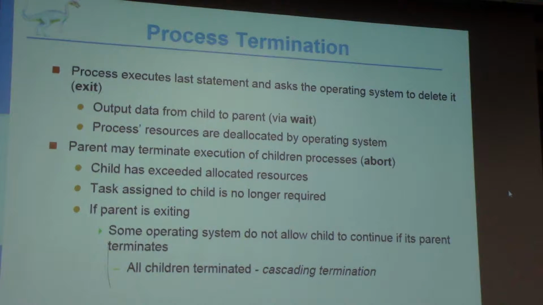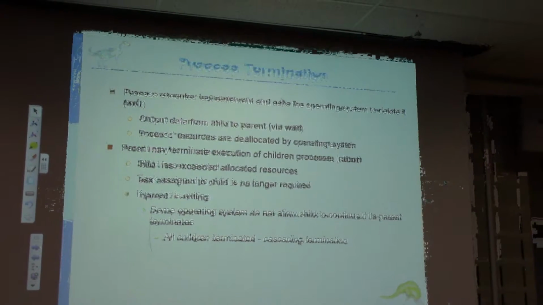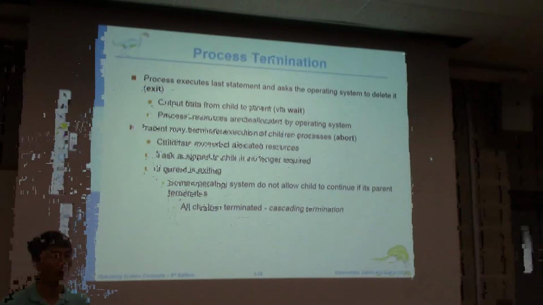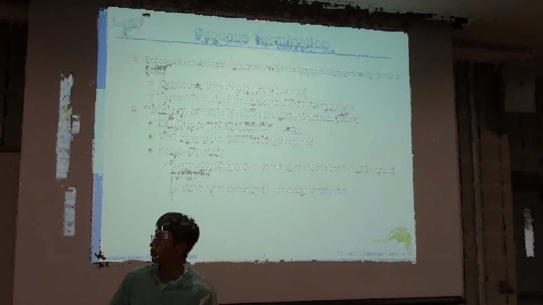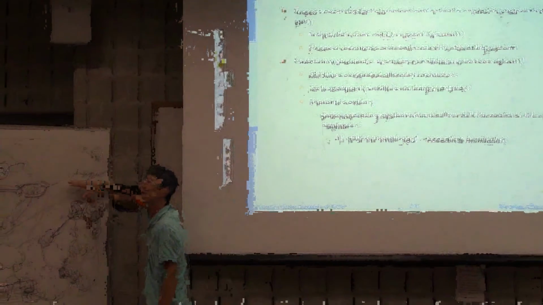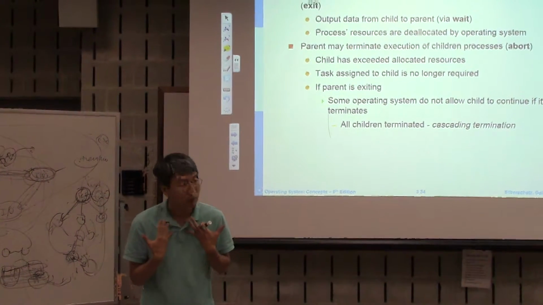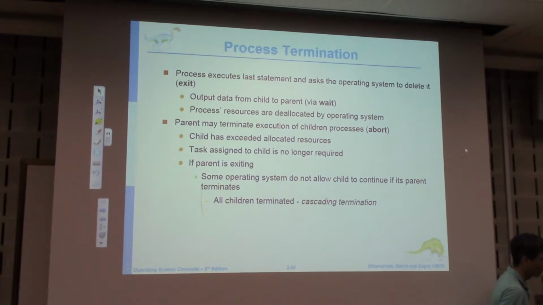Sometimes you want to stop, forcefully, your children process or the current process. It is called abort. Okay. Abort means even though you are in the middle of instruction, you want to stop the process and get back all the resources. Okay. So that is the abort.